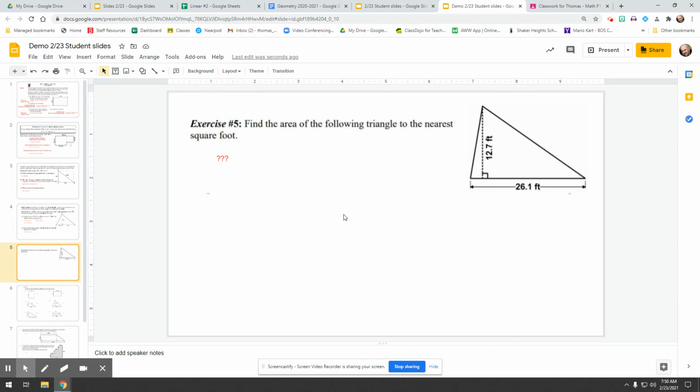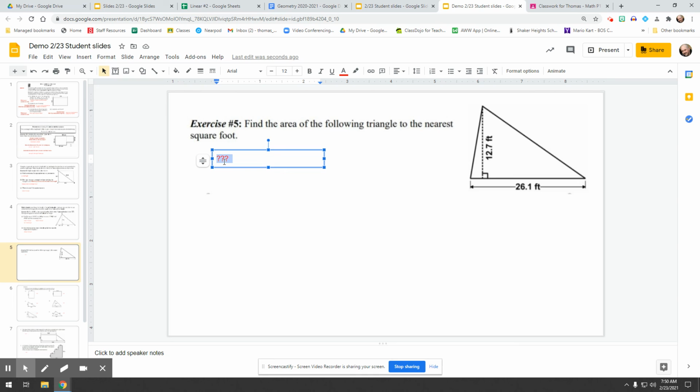All right, last one. Find the area of the following triangle to the nearest square foot. Again, base times height and divided by 2. It's always going to be, for the area of a triangle, base times the height and then divide it by 2, because a triangle is always half of a rectangle.